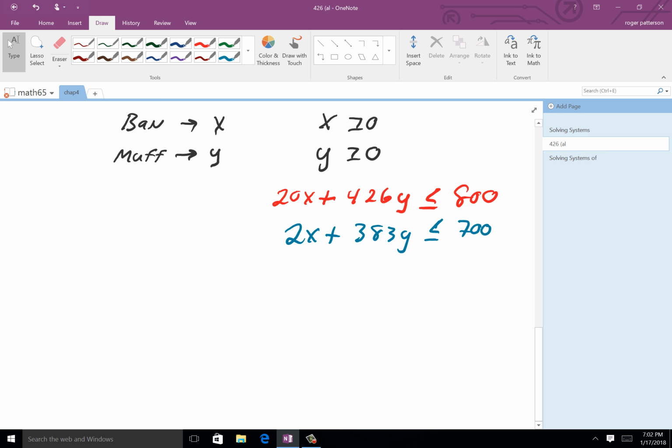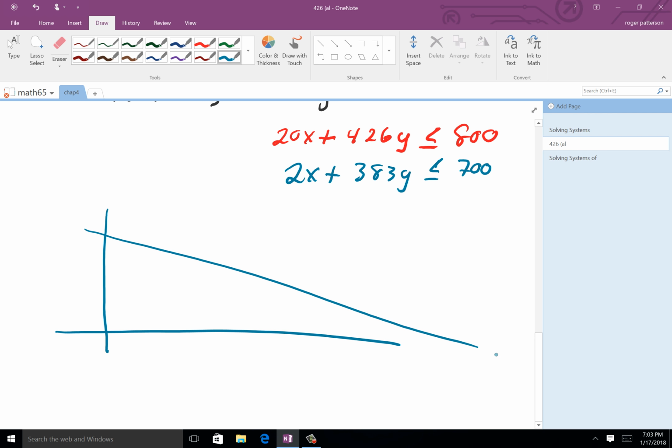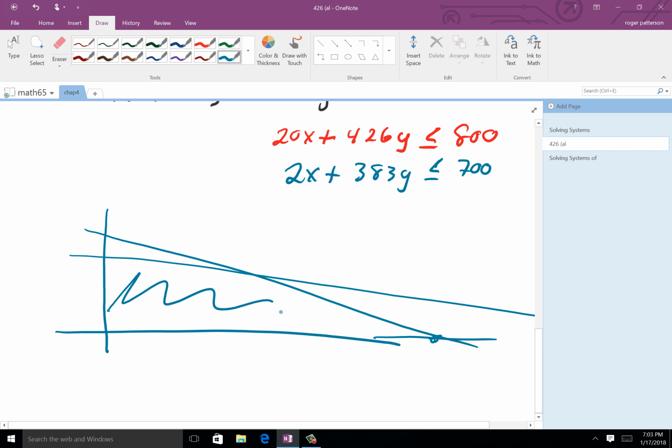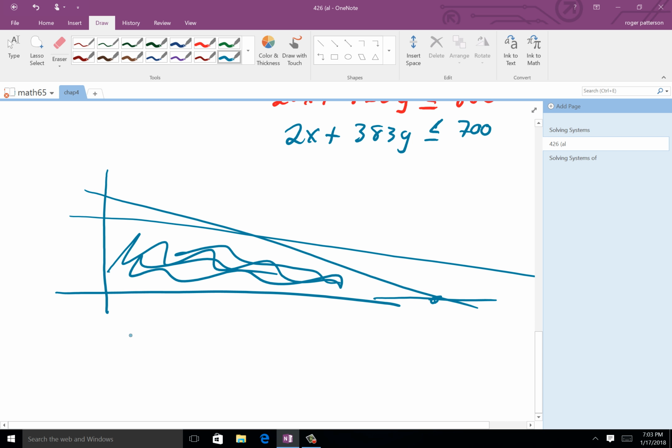Well, the neat thing about this whole idea here, I'm going to switch back to this guy now and draw this on here, is that there's something called linear programming that helps me out. Let's see if I can sketch this correctly. A little bit anyway. So it's like this. And this whole process is called linear programming.